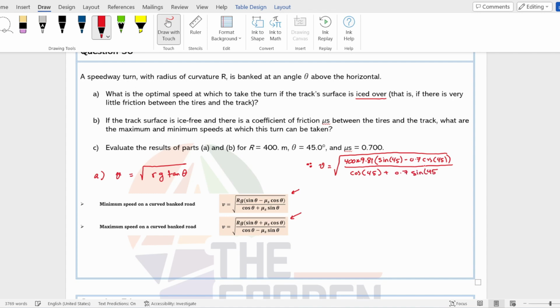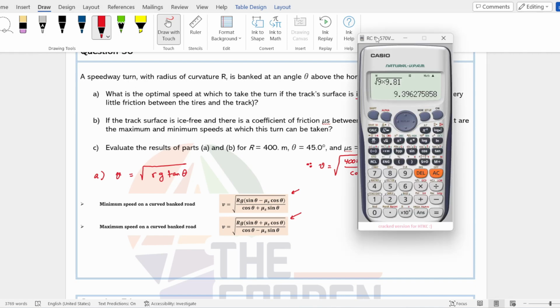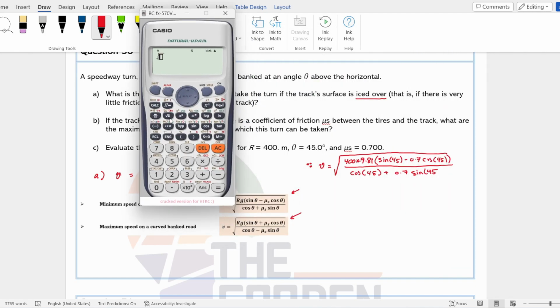Now we just plug in these values in the calculator: 400 times 9.81 times (sine 45 minus 0.7 cosine 45) divided by (cosine 45 plus 0.7 sine 45).